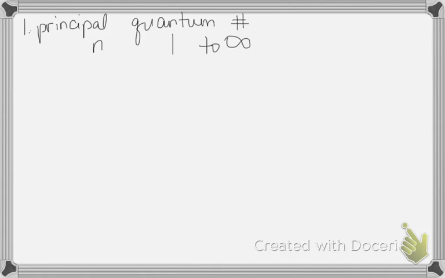Now, let's move on to the second quantum number. The second one is called the angular momentum quantum number. And the symbol for this one is L. It's a cursive L. That's what I tried to type there on your sheet.